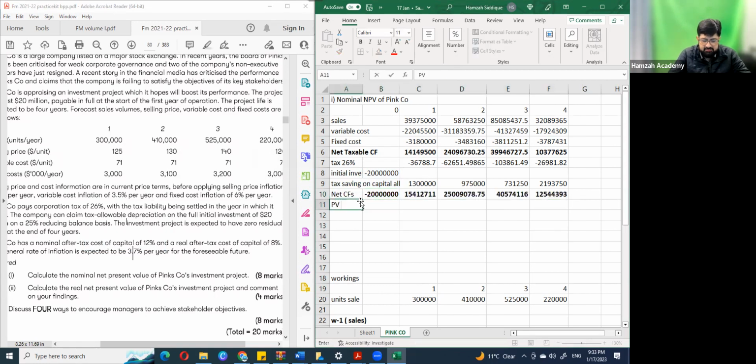So present value at the rate of 12%. Nominal method. Nominal cost of capital, 9%, equal to this into 1.12 raised to power minus this.